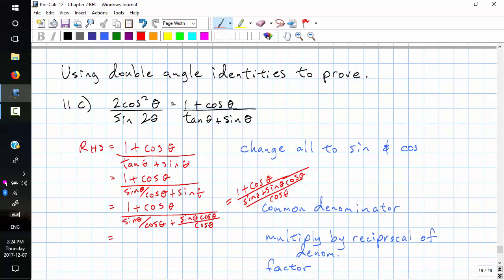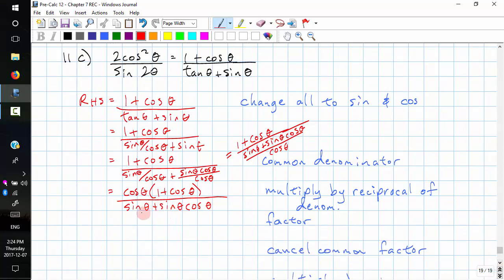So the cos is going to come up in the numerator. So we have cos theta, 1 plus cos theta, over sine theta plus sine theta cos theta. We want to factor out the sine in the denominator. Cos theta, 1 plus cos theta over sine theta, 1 plus cos theta.